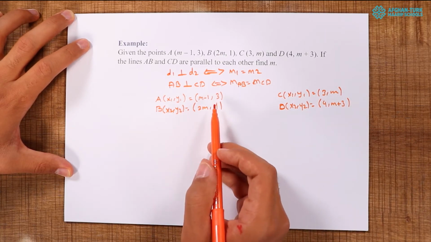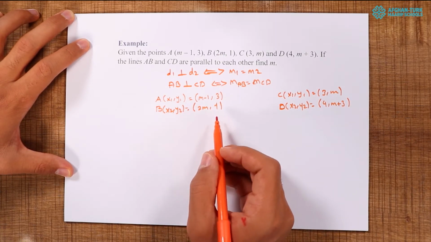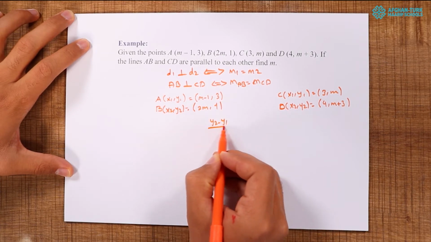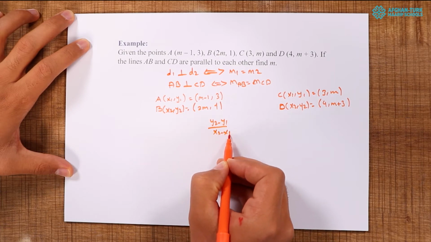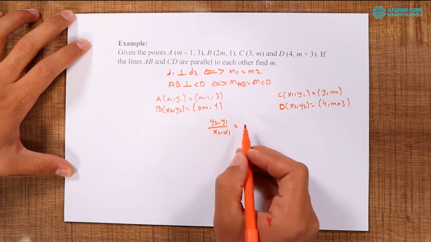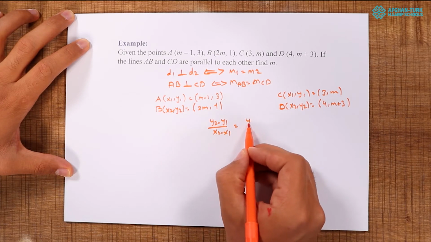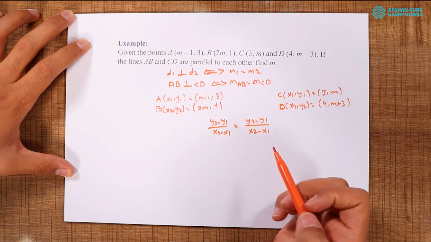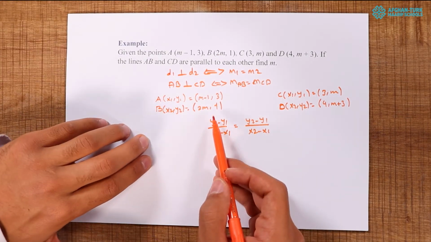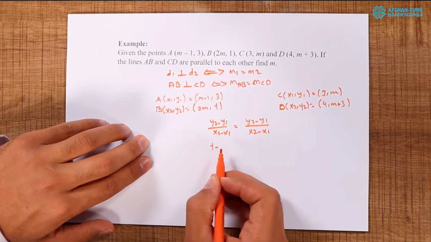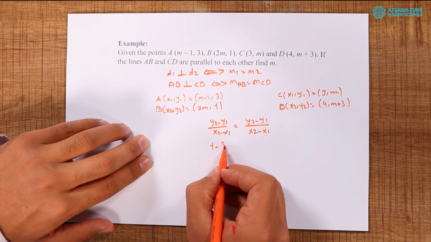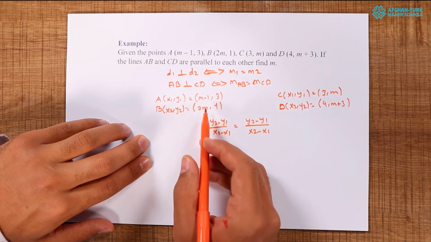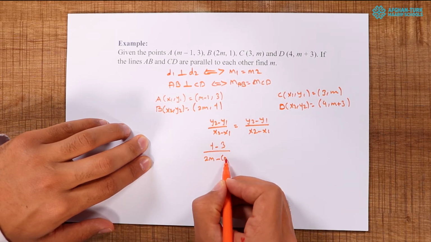So what should we do? We should find the slope of line AB and CD. y2 minus y1 over x2 minus x1 of AB line will be equal to y2 minus y1 over x2 minus x1 of line CD. So what's y2 here? 1 minus y1 is equal to 3. Okay, what's x2? x2 is 2m minus what's x1? m minus 1.